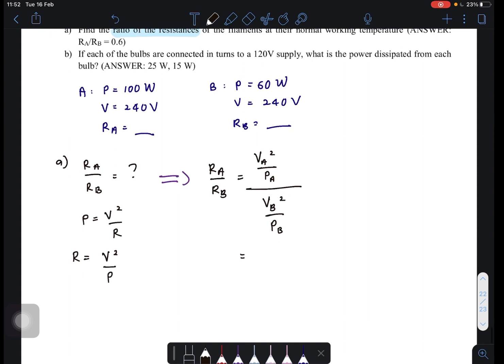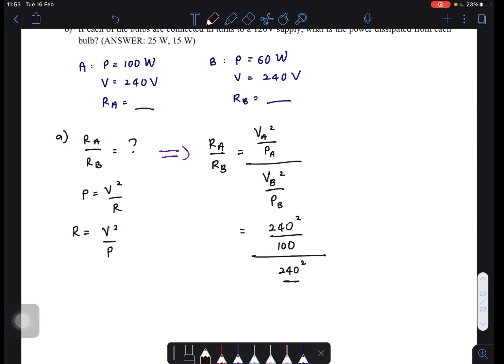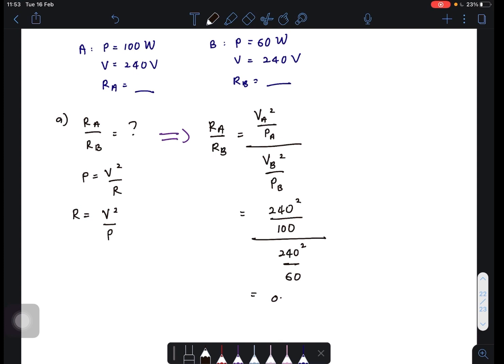So we just substitute the values, which is 240 square divided by 100 over 240 square divided by 60. So we get a ratio of 0.6. The ratio has no unit. So this one is the answer for question A.